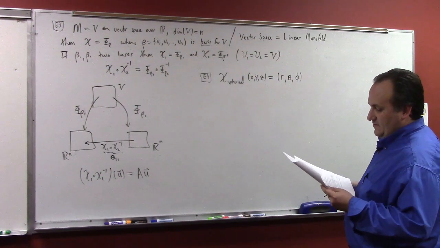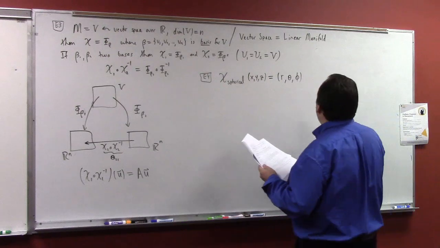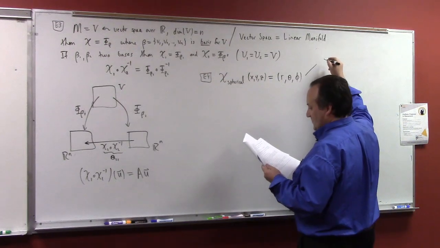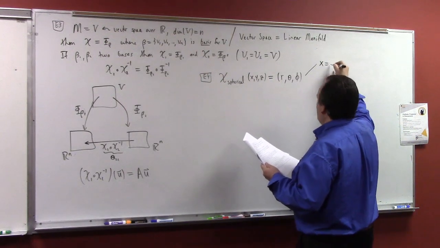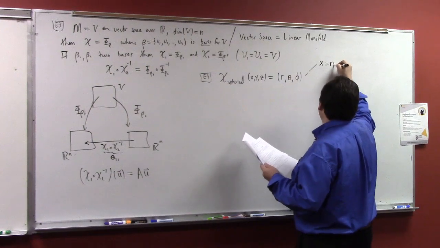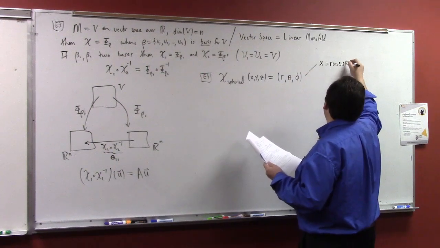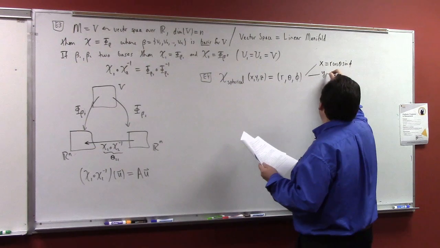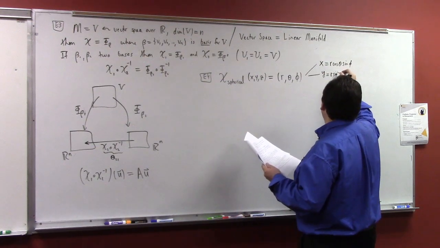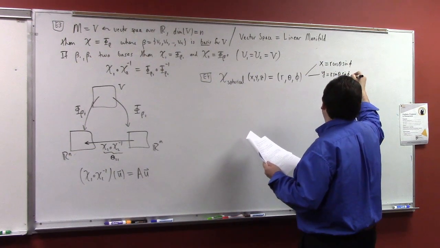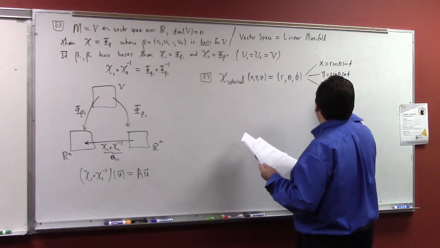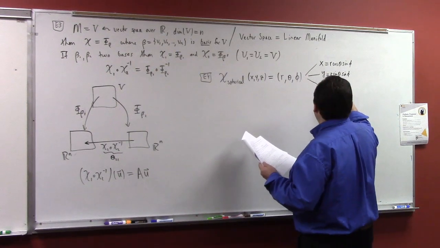I think I'm using a mixture. So my current definition of sphericals at this point in the notes is x is equal to r cos theta sine phi. Y is equal to r sine theta sine phi. So this is some sort of weird halfway house between the sphericals.